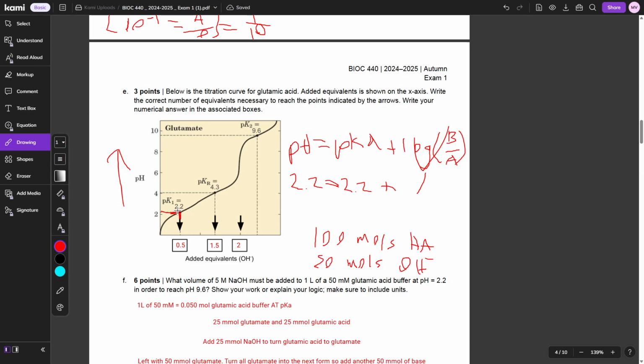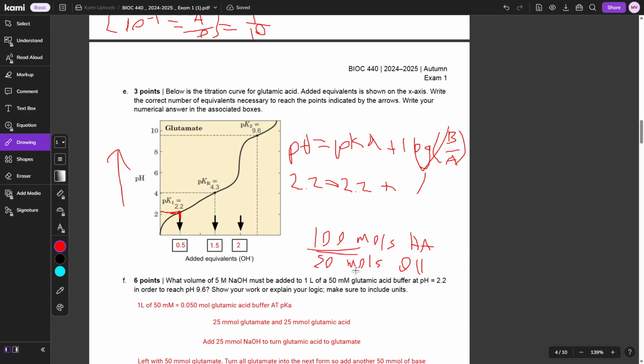So for this example here, if I start with 100 moles of acid, I'm at this low pH of something like 0. If I add 50% of this amount, so 50 moles of hydroxide, a strong base, I will deprotonate 50% of this acid.